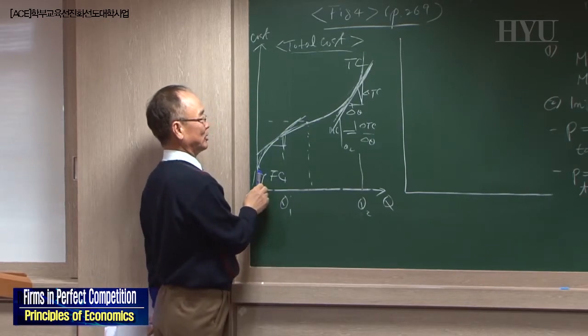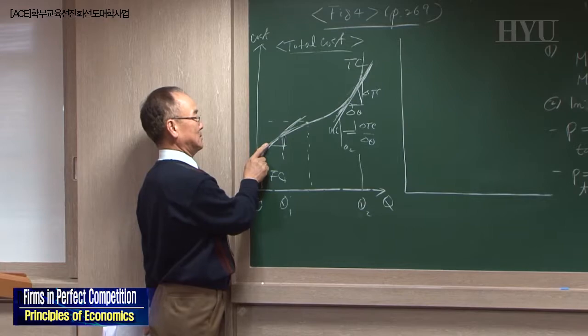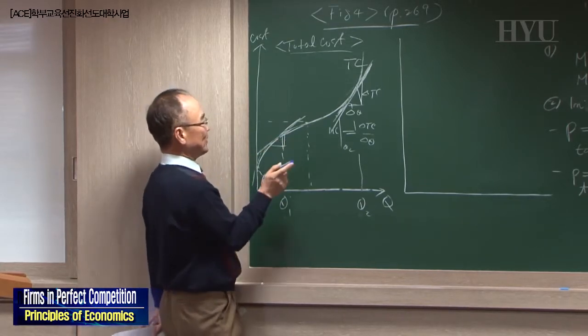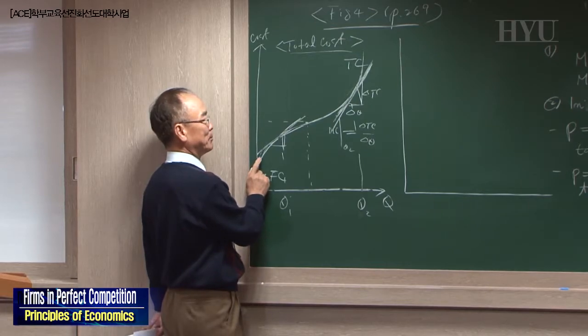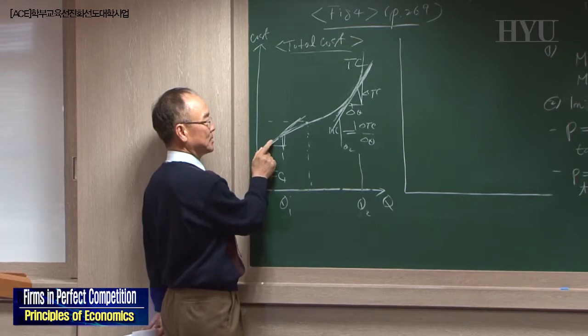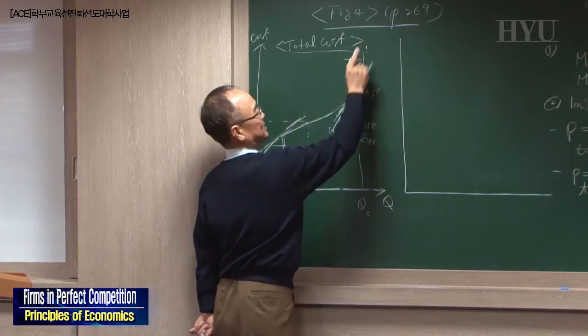One more time. Marginal cost at a factory initially starts with a certain number, not 0, not infinity. The number keeps decreasing and turns around here, and keeps increasing.